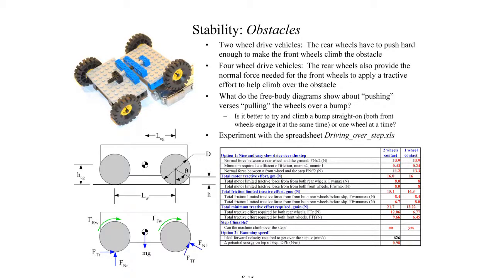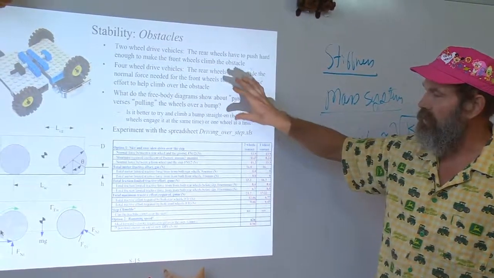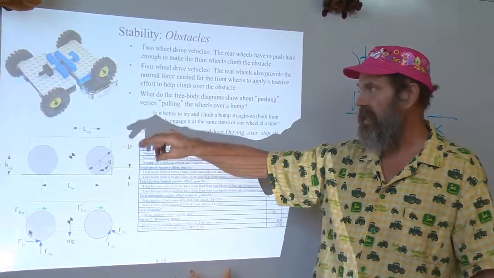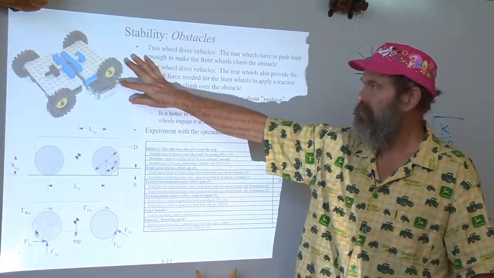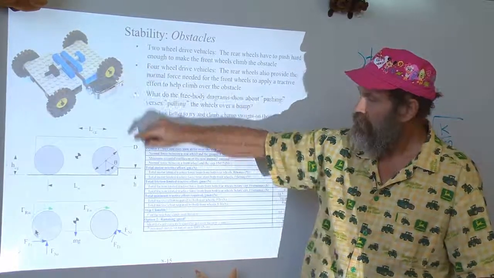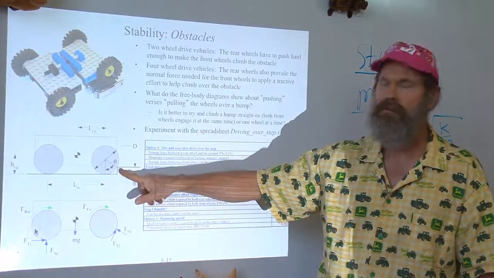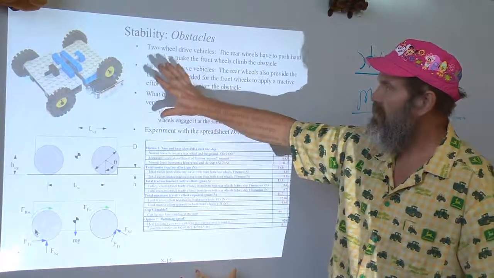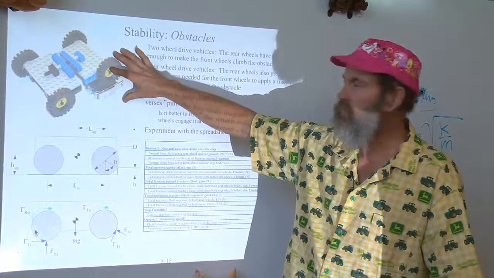The next type of stability issue to think about are obstacles. As the structure is moving, what kind of obstacles will it encounter? For example, this is the design of a vehicle that's supposed to go over a bump. How does that affect the structure and the layout of the machine?